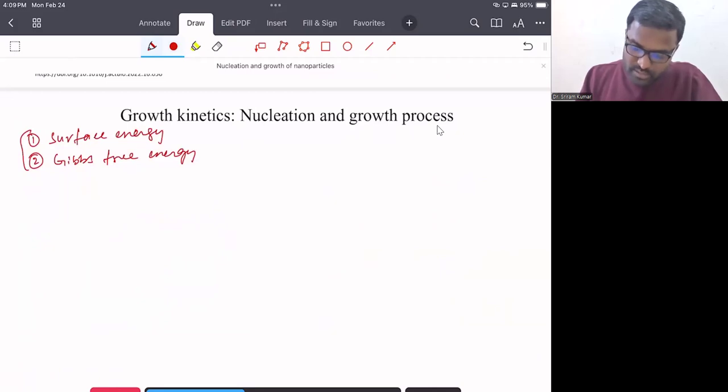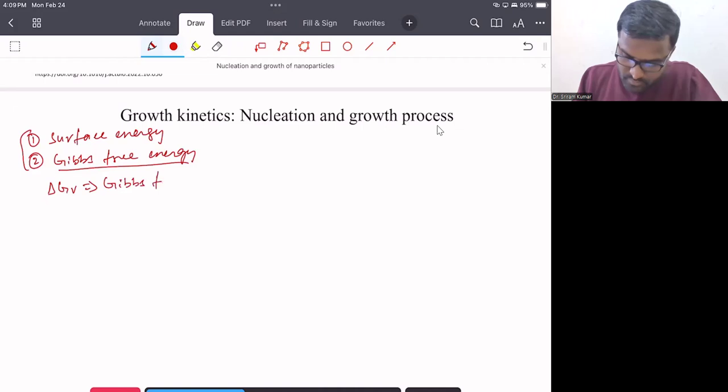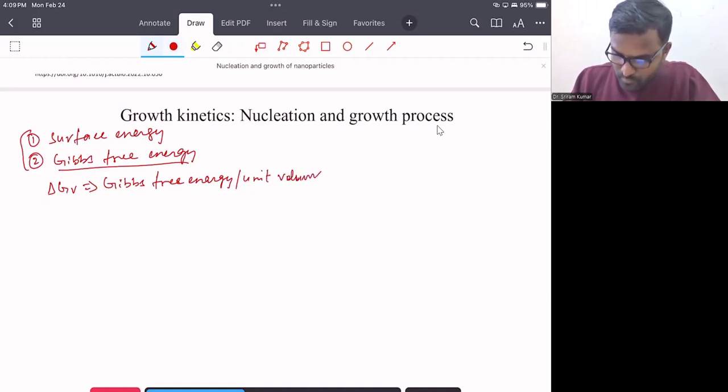Let us consider delta GV as the Gibbs free energy per unit volume between liquid and solid.